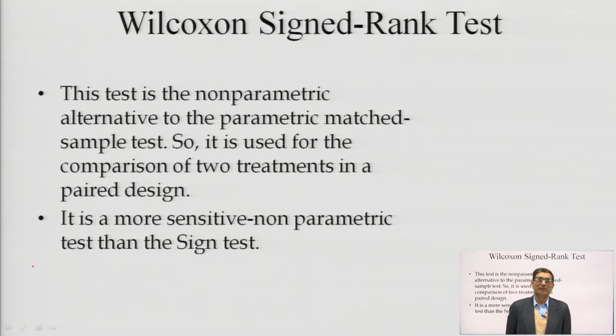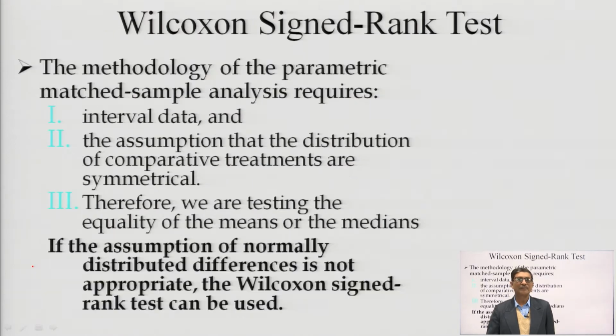For example, we want to compare the pre and post values of a subject. The parametric methodology of matched sample analysis requires interval data and the assumption that the distributions of the comparative treatments are symmetrical.